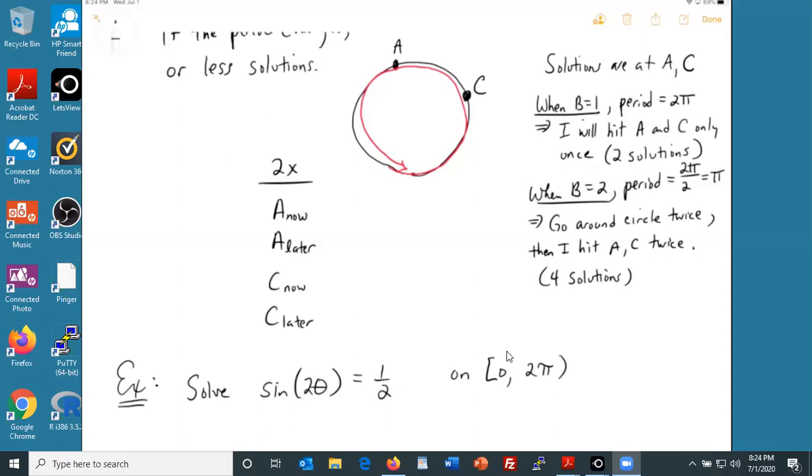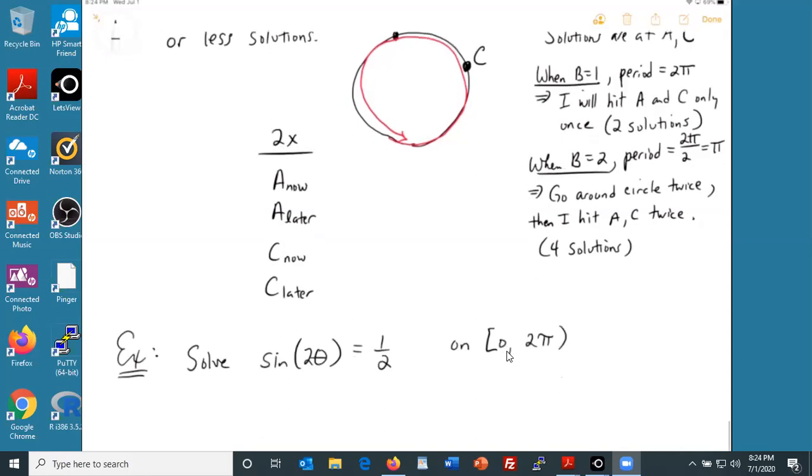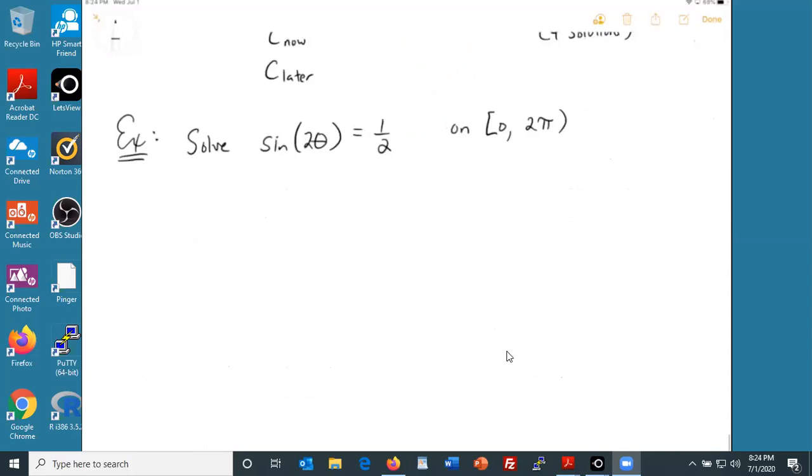Okay, so now, let's go through this problem. The sine term is already isolated, so we don't have to really solve the equation or rearrange it. It's already isolated, the trig term, that is.